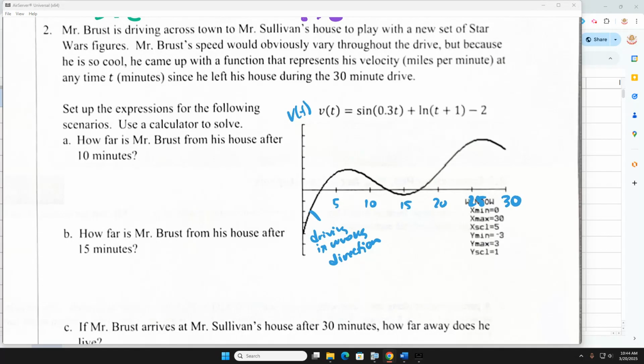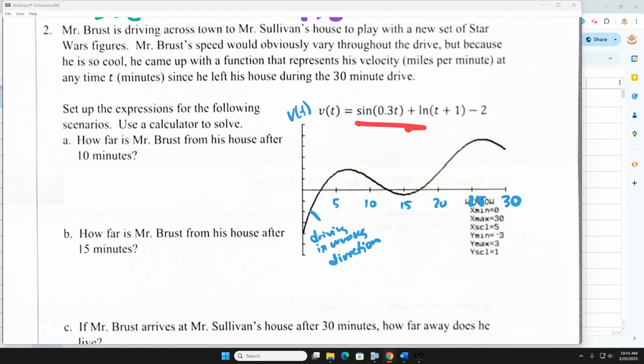Okay, so we're going to set up the expression for the following scenarios, and we'll just use our calculator because we could definitely do this by hand, but it would be annoying, especially with a decimal there. So we want to know how far Mr. Brust is from his house after 10 minutes.